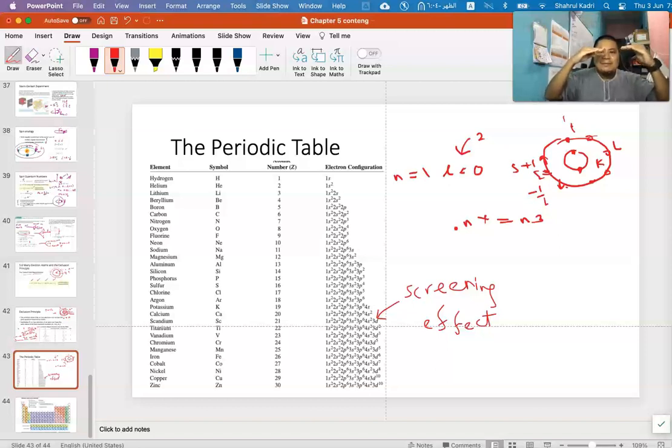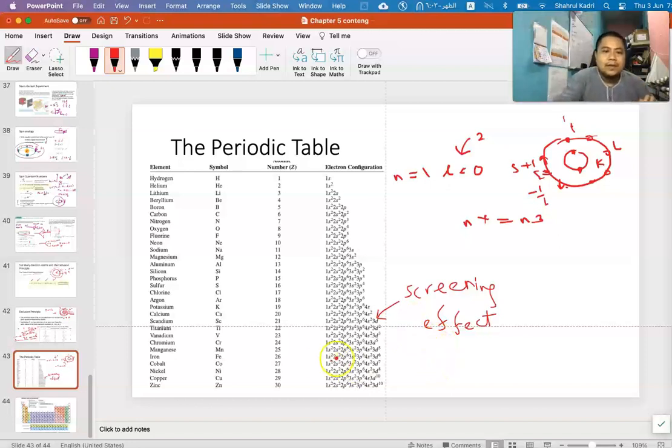Dan didapati sebenarnya ada kesan, kita panggil sebagai screening effect, di mana N4 ni lebih rendah daripada N3. Lebih rendah. Jadi dia akan memenuhi N4 dulu berbanding N3. Okay, so that is a screening effect, dan saya tak explain lah, awak boleh buat pembacaan tentang itu sebab dia agak complicated juga, tapi boleh difahami jika anda mempunyai kefahaman tentang electromagnetism lah.